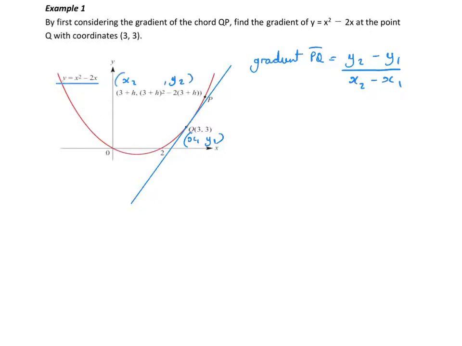So let's put that into our rule there. So y2 minus y1 would be 3 plus h all squared minus 2 outside of 3 plus h. And we're going to take away y1, which is 3.